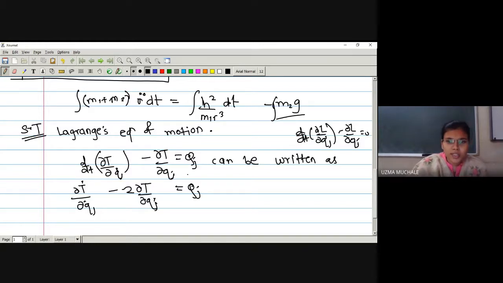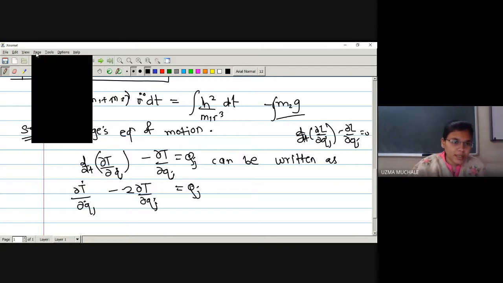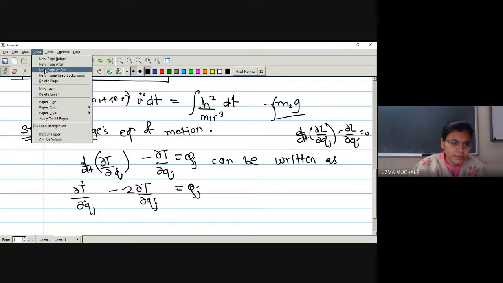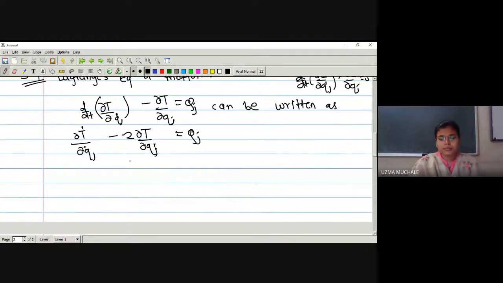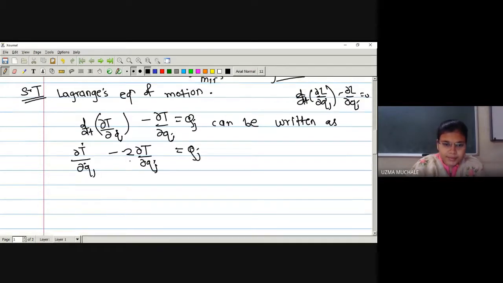Why do we say equations of motion? What is the reason behind this? Yes, why do we say Lagrange's equations of motion instead of saying Lagrange's equation?